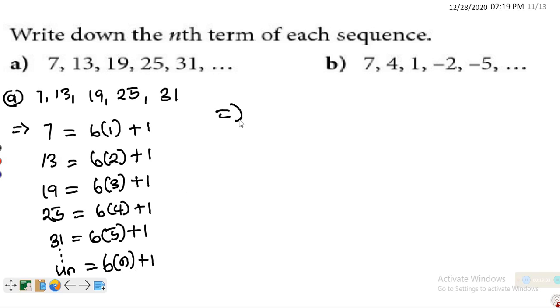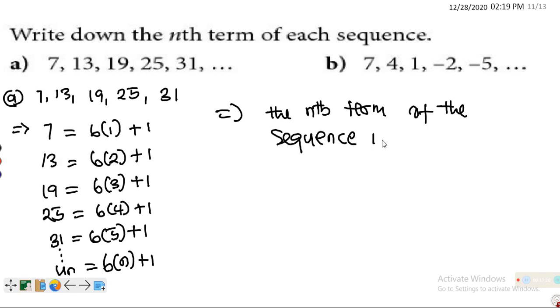So therefore the nth term of this sequence is un equals 6n plus 1.